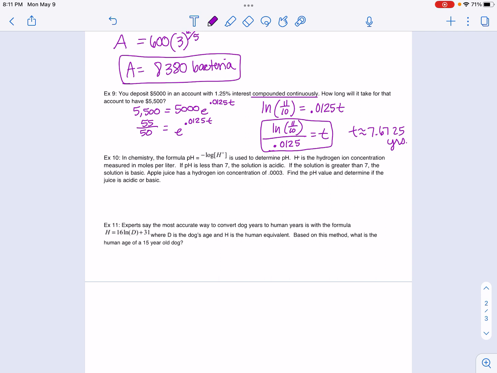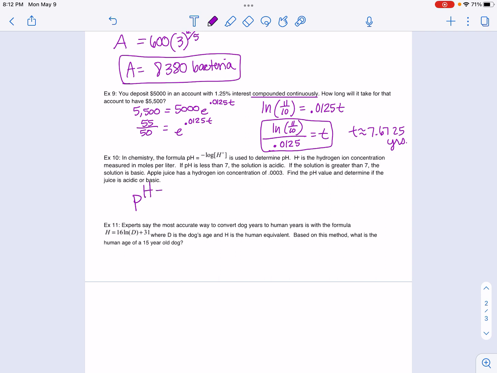If that pH level is less than 7, it's acidic. If it's greater than 7, it's basic. I tell you what the hydrogen ion concentration is for apple juice, and using this formula we want to determine if apple juice is acidic or basic. We are literally just plugging it in, not solving for anything using logs. I'm just showing you this because we found it interesting.